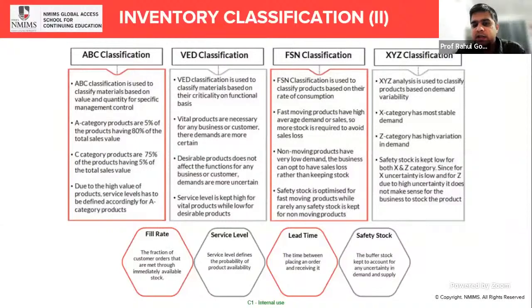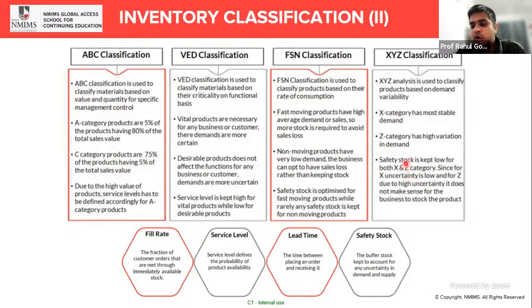Because for a C class SKU, why will we keep that high inventory? They are anyways not contributing to business so much. So see, here it is written: due to the high value of product, service level has to be defined accordingly for A category products. Service level is kept high for vital products. Safety stock is optimized for fast moving products, while rarely any safety stock is kept for non-moving products.